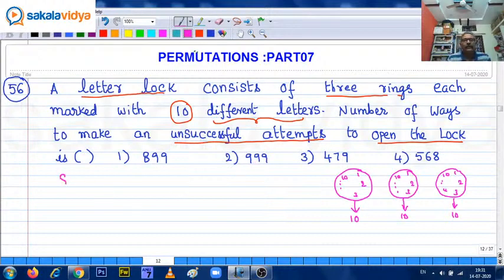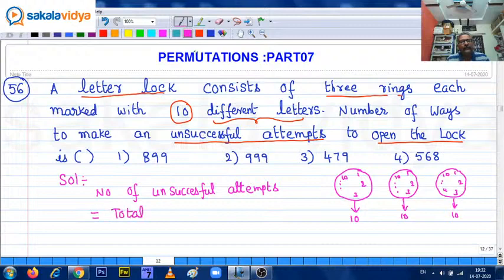So the number of unsuccessful attempts to be made equals total number of attempts minus 1 successful attempt.